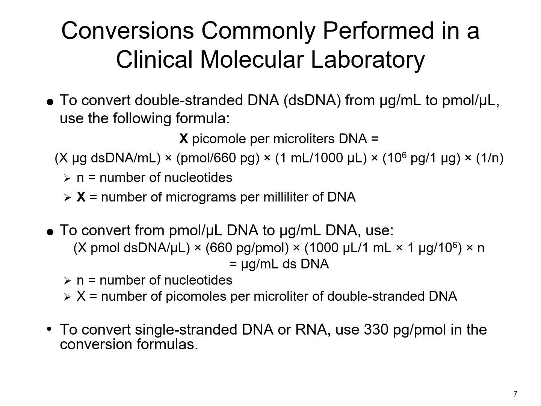So in the molecular laboratory, you might have to use some of these conversions. There are a few formulas that we can use to do some conversions. One of our first ones is to convert double-stranded DNA from micrograms per ml to picomoles per microliter. That will use the following formula, where you have your X as your unknown number of microorganisms per ml of DNA.